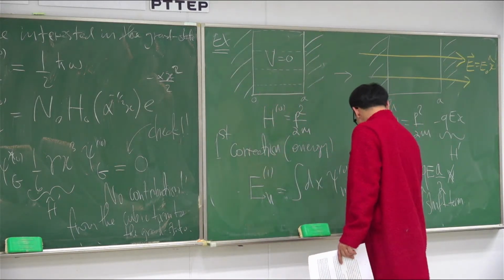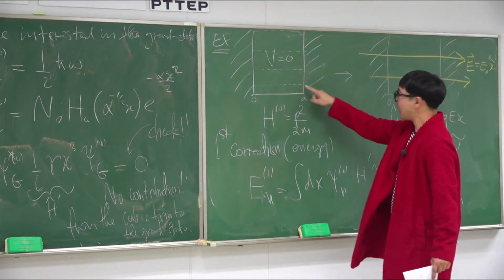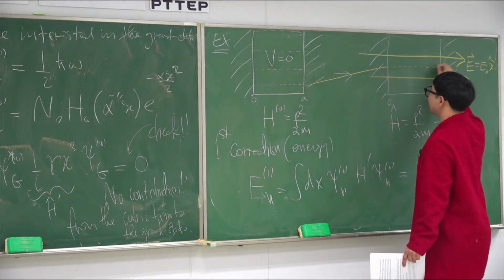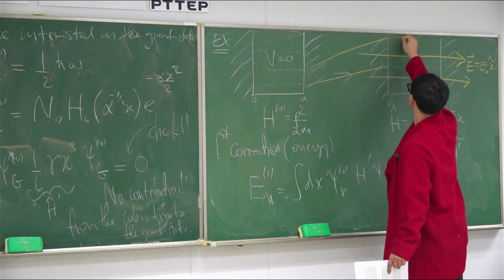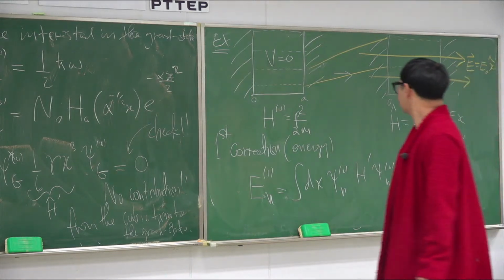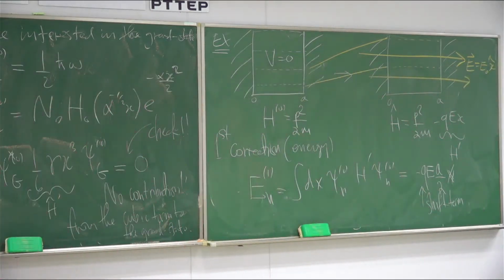Once you apply the electric field, it's going to shift your ground state up, and here as well, the first excited state up. How much depends on the strength of the electric field and the width of the well. Right, that thing.